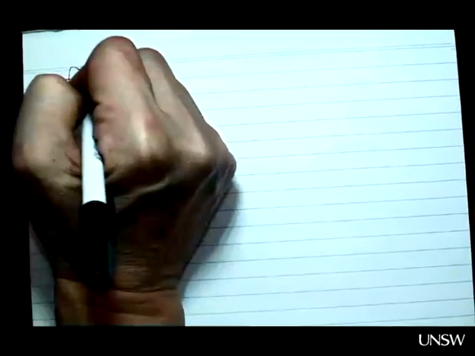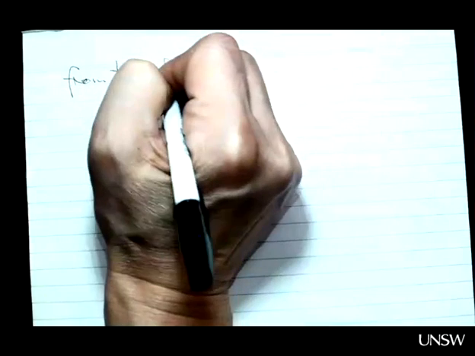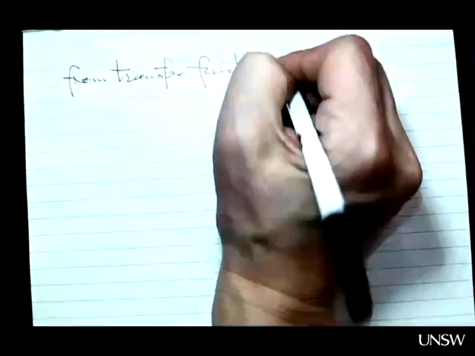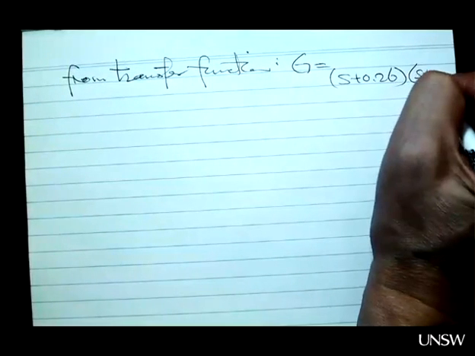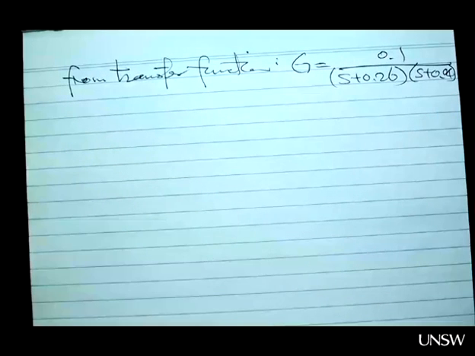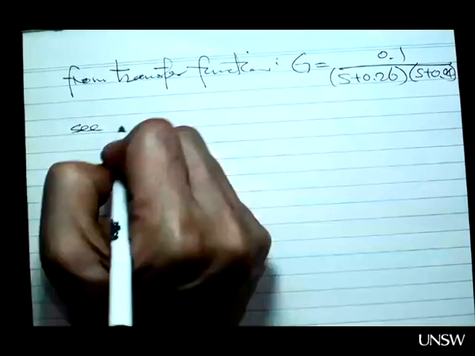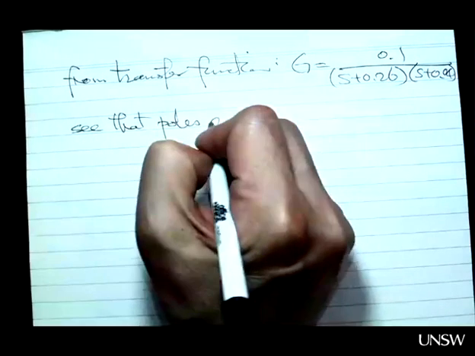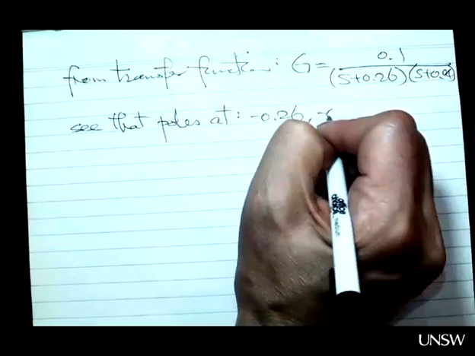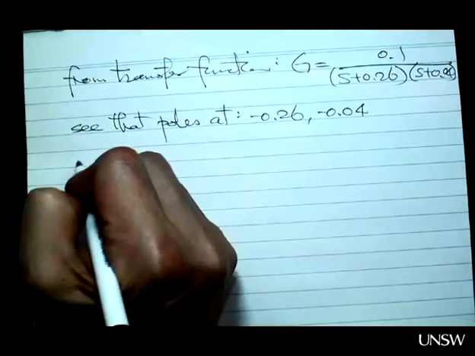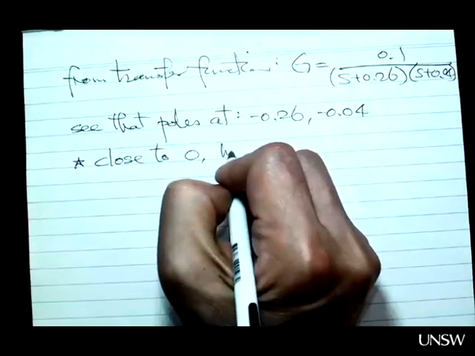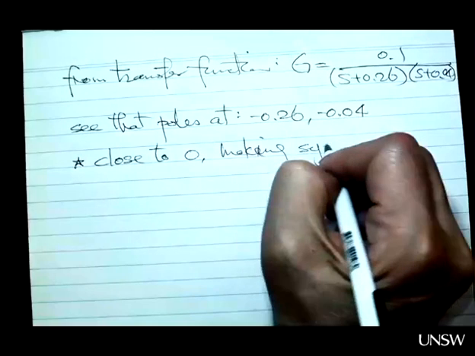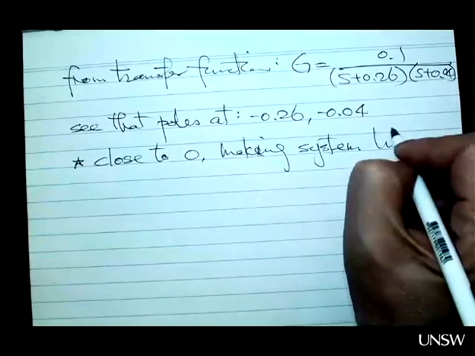Okay. So we are from transfer function. The transfer function is 0.26, 0.04, and then 0.1. And then we see that poles at minus 0.26 and minus 0.04. So we see that it is close to 0, making the system likely to be unstable.